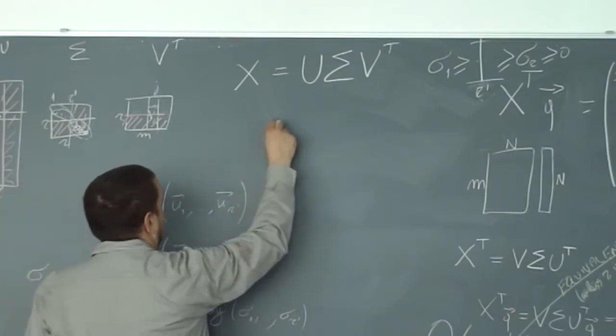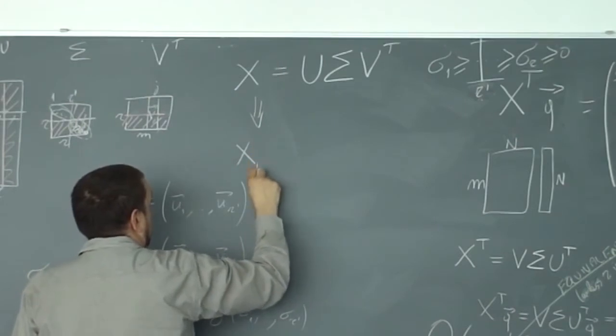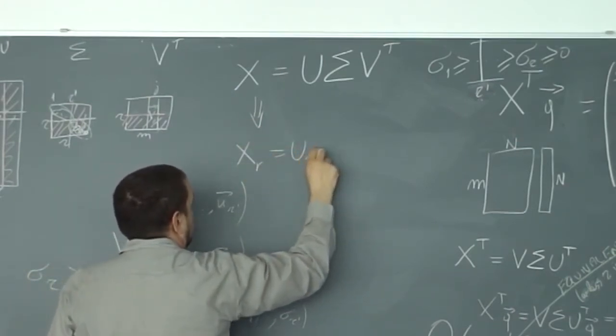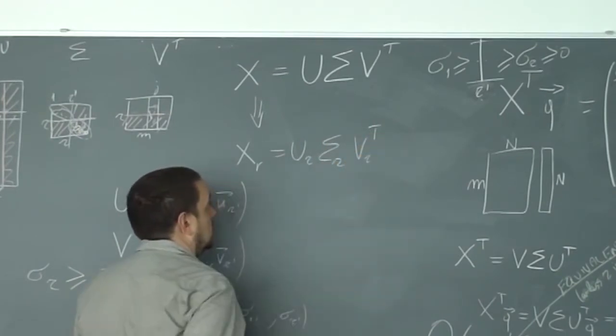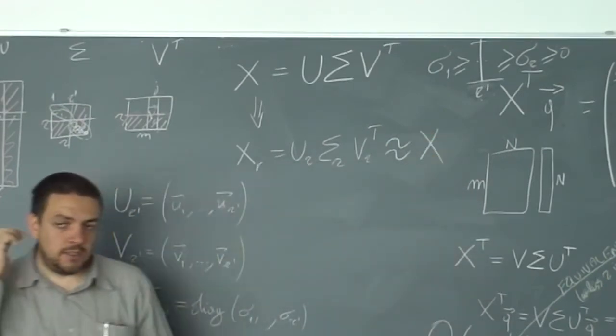And finally, you can build the approximation X_R' as U_R' sigma_R' V_R' transpose, which is an approximation of the original matrix X.